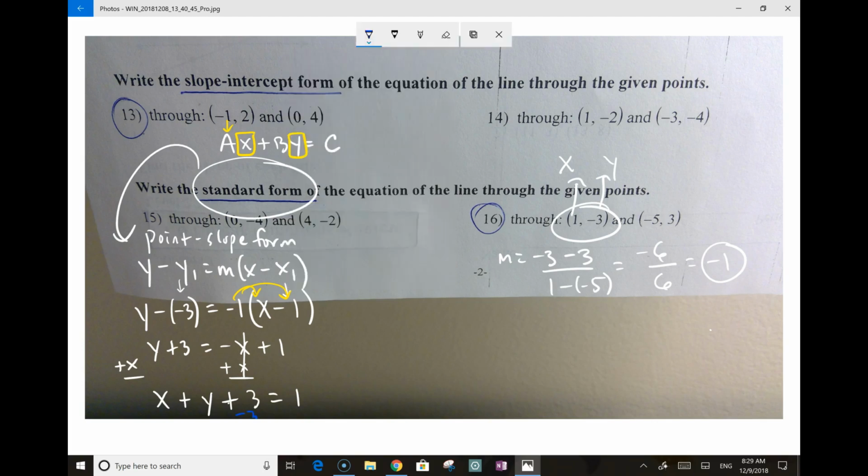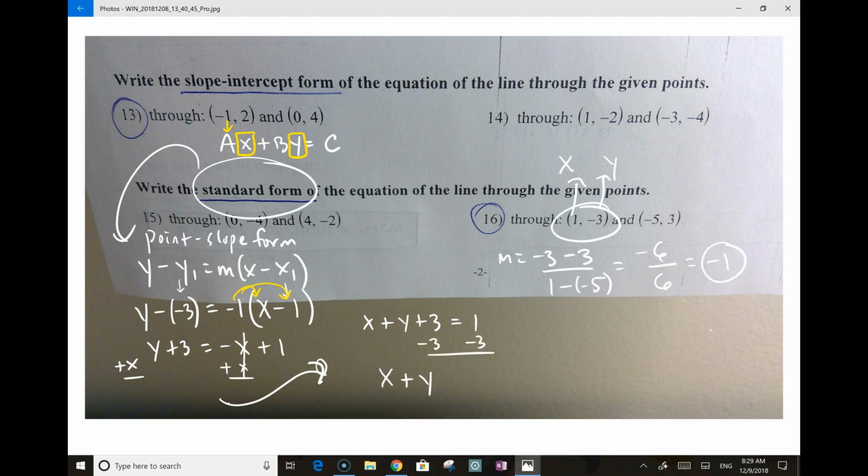I'm going to erase this and move everything to the other side. I apologize about that. I just don't want you to try to guess what I'm writing here. This is x plus y plus 3 is equal to 1. And if I subtract 3 on both sides, what I get now is x plus y is equal to -2. And there you go. That's standard form.